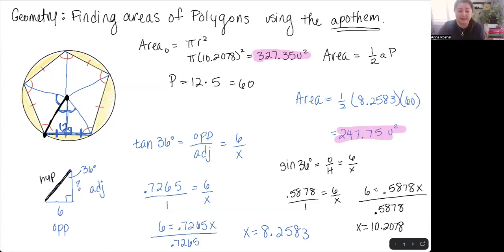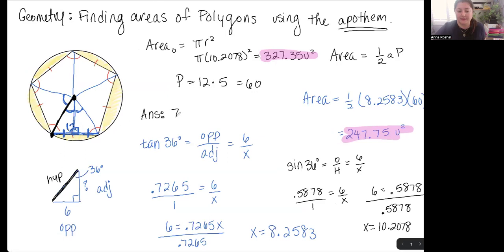So I'm going to take this 327.35 and subtract 247.75. And I'm going to end up with, I should probably not write in pink highlighter, my final answer. I'm going to end up with 79.6 square units. That should be how I find the final answer.